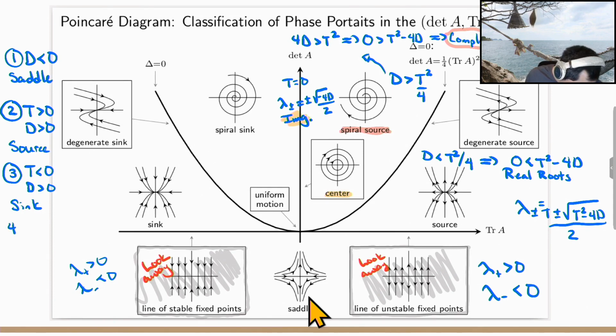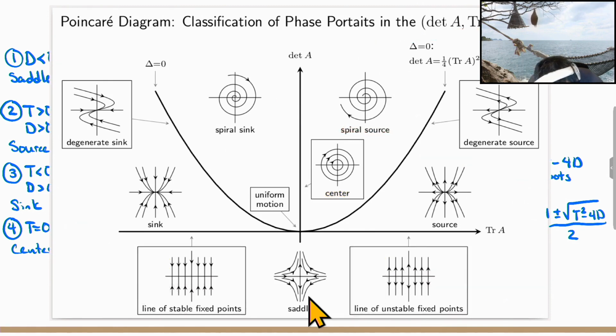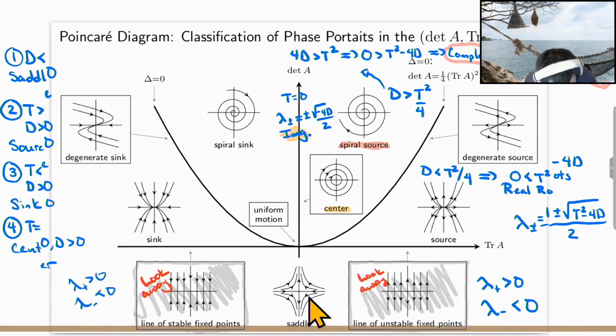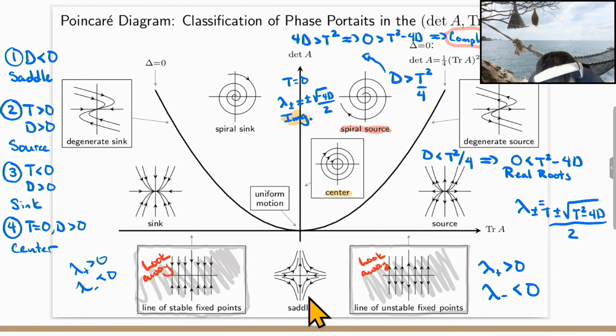Part number 4, if the trace is equal to 0 and the determinant is positive, you've got a center. And then the last thing that I'll say here is there are different types of sources and sinks, right?